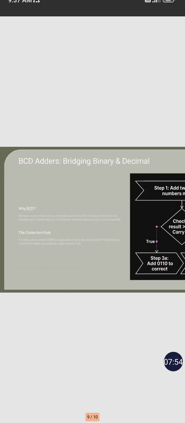Finally, the BCD adder. The BCD adder bridges binary and decimal values. BCD means binary coded decimal. Each decimal digit is represented using 4 bits.